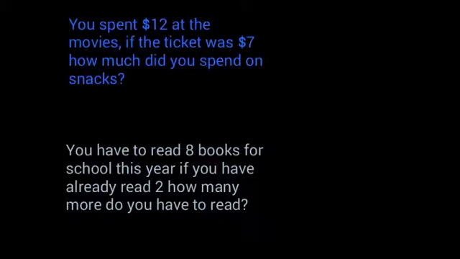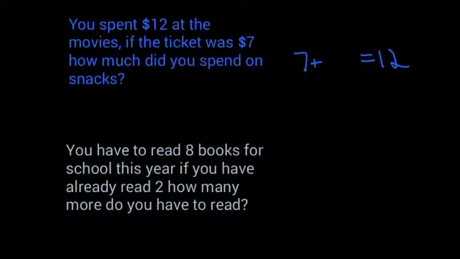Alright, a couple more here. So you spent $12 at the movies. If the ticket was $7, how much did you spend on snacks? So here we don't have an "is," but we have a total. So anytime you have a total, that's like the "is." So we're going to have equals 12, because that's the total amount we spent at the movies. And we know we spent $7 on a ticket, plus something we spent on snacks.